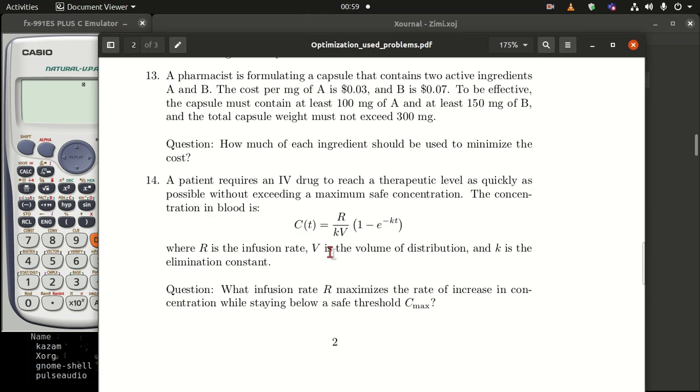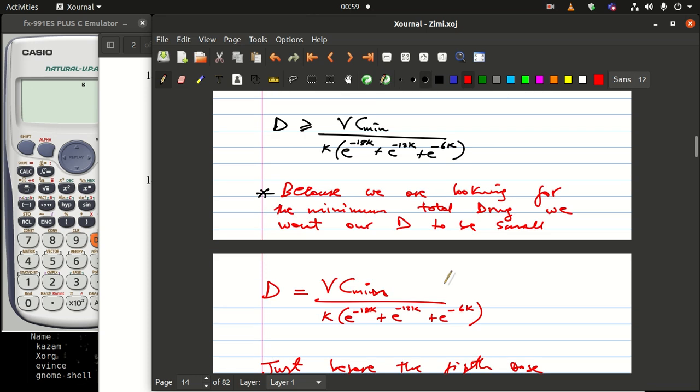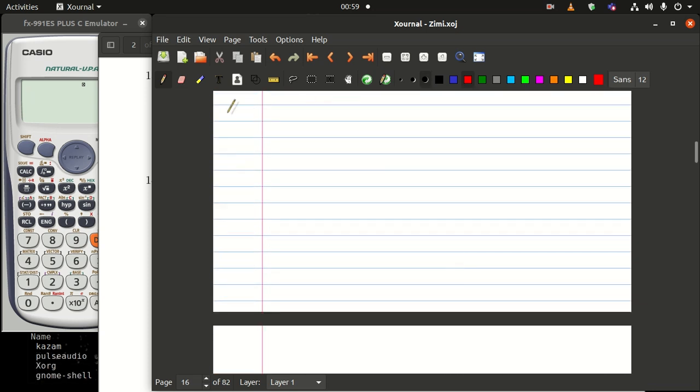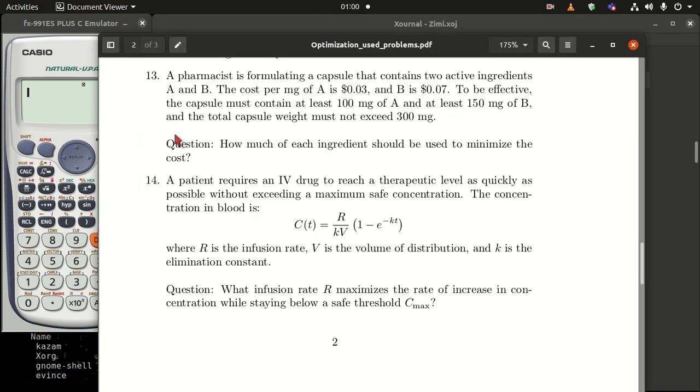Let's go to number 13. So we are at number 13 here. What is number 13 saying? Number 13 is saying a pharmacist is formulating a capsule that contains two active ingredients, ingredient A and ingredient B. The cost per milligram of A is this and B is that.